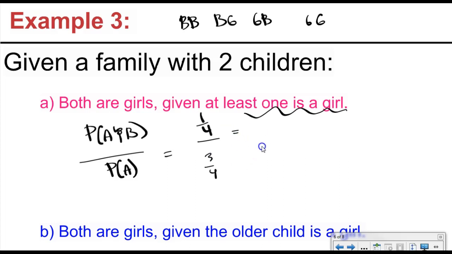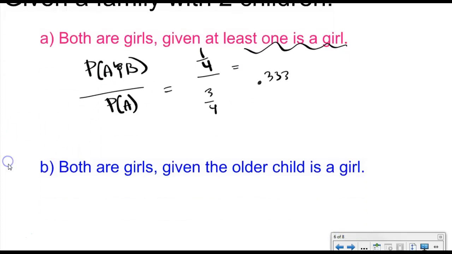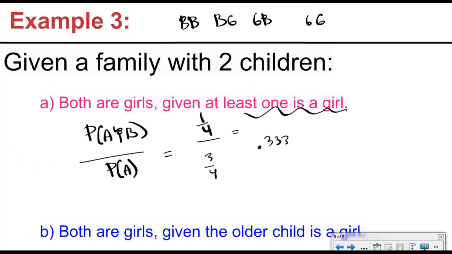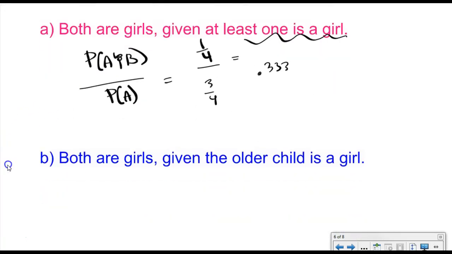If I divide that out, 0.333. And then both are girls, given that the older child is a girl. On this one, there are only 2 where the older child is a girl. So it would be 2 over 4 and then 1 over 4, which is 1/2 or 0.50.